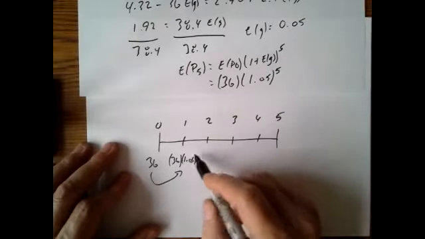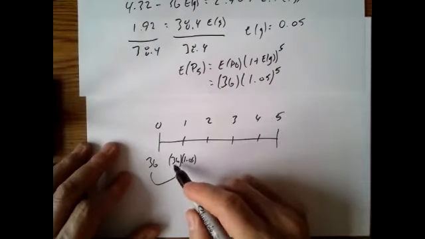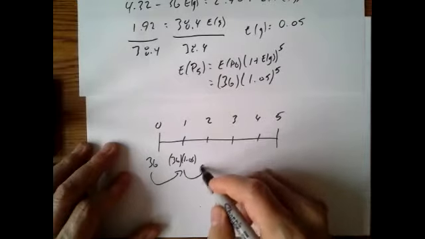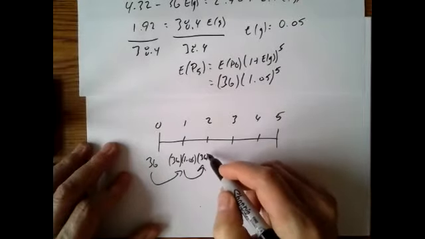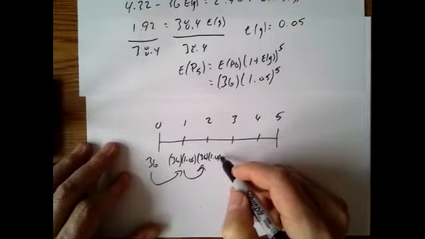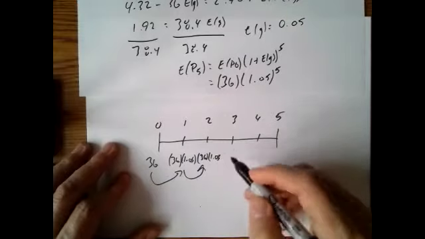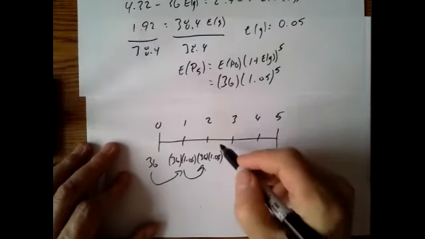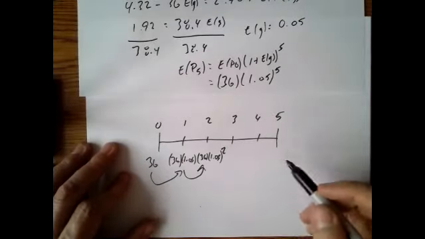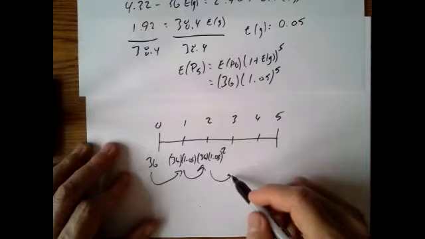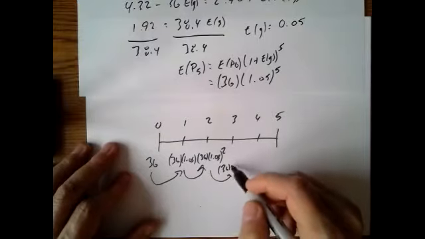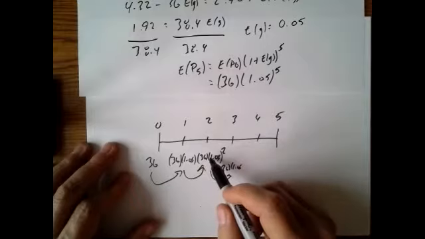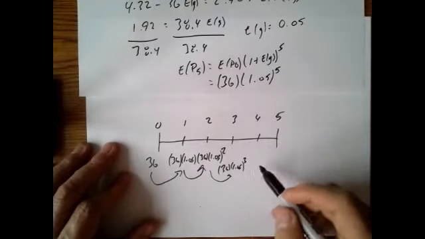To get from 1 to 2, I'm going to multiply by 1.05 again. So that'll be 36 times 1.05 times 1.05, which is 36 times 1.05 squared. Then to get to 3, it's going to be 36 times 1.05 times 1.05 times 1.05.